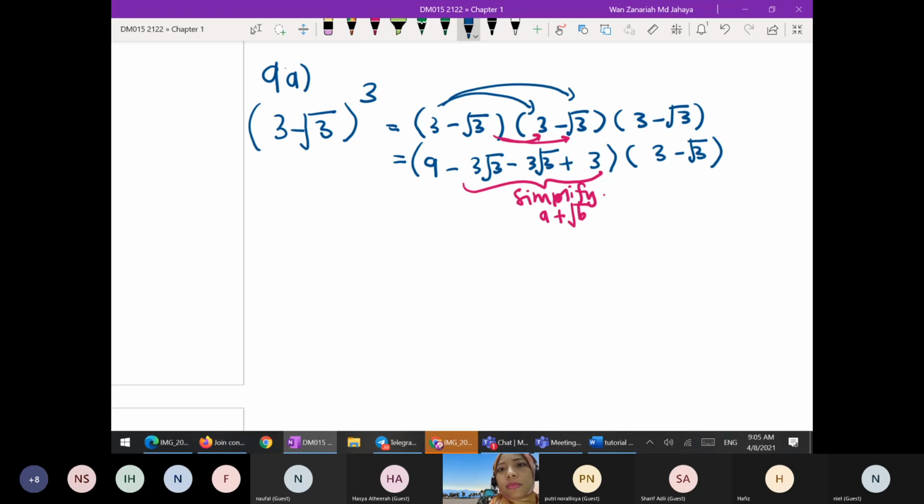Okay. So now 9 plus 3, 12 minus 3U minus 3U. So you have 3U. What is your U? Set 3. Oh sorry, negative 3, negative 6. Okay everyone? So far so good?